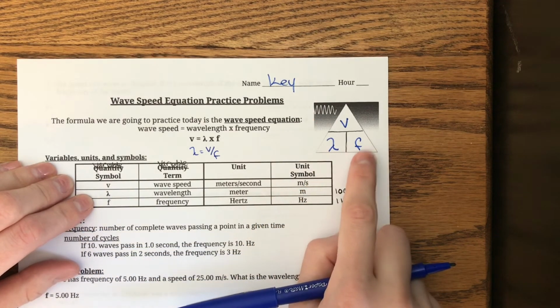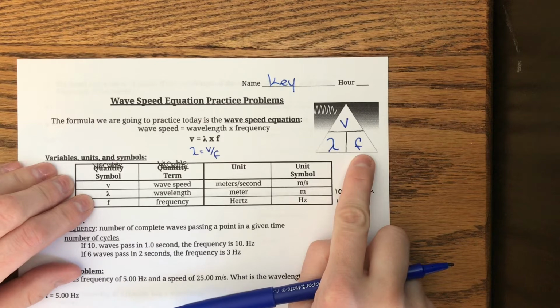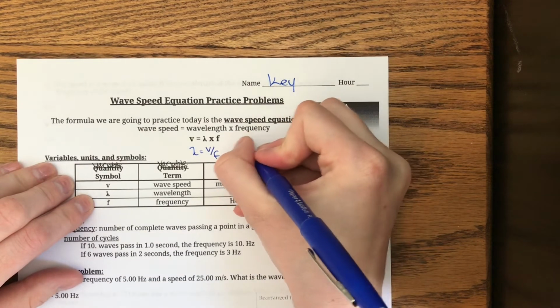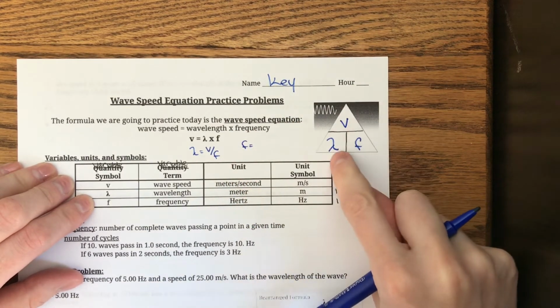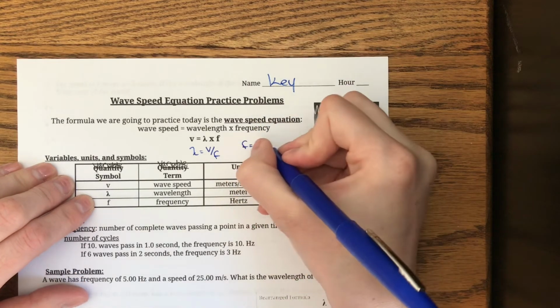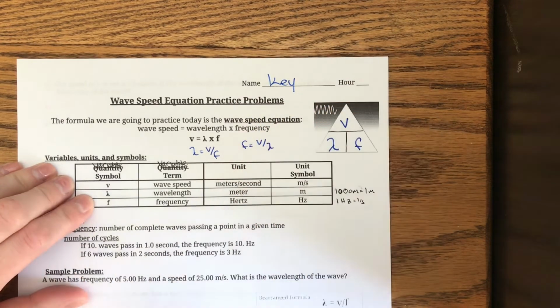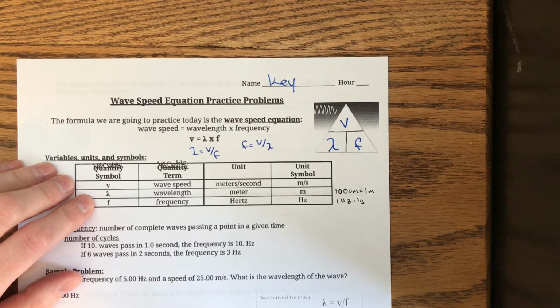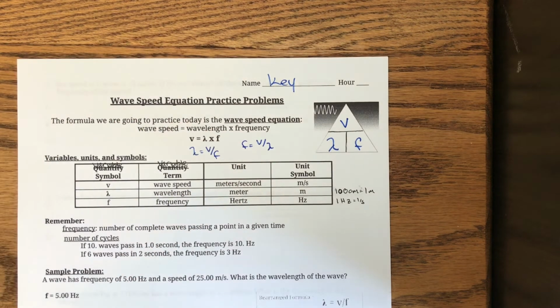What if we wanted to solve for frequency? We would have frequency equals velocity over wavelength. So those are the same equation, just set equal to solve for each different thing.